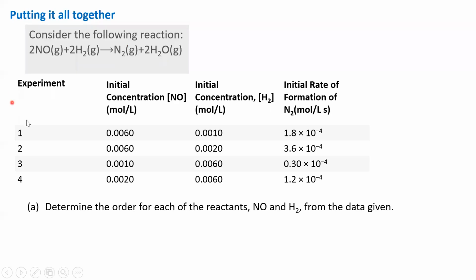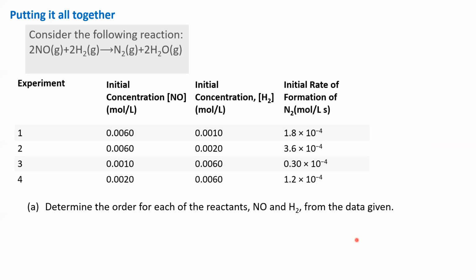If we were to look at, let's say, trial 1 and trial 2, NO stays constant. We double H2. How does doubling this concentration affect the rate, and what order is hydrogen? Then if we look at trial 3 and trial 4, we're holding hydrogen constant. We're doubling NO. See how doubling NO affects the rate, and figure out the order for NO, and then write your rate law from that data.